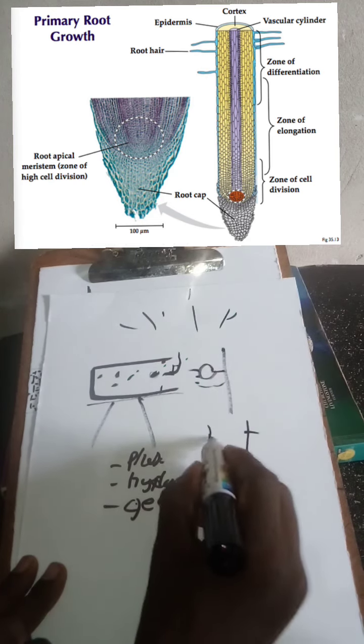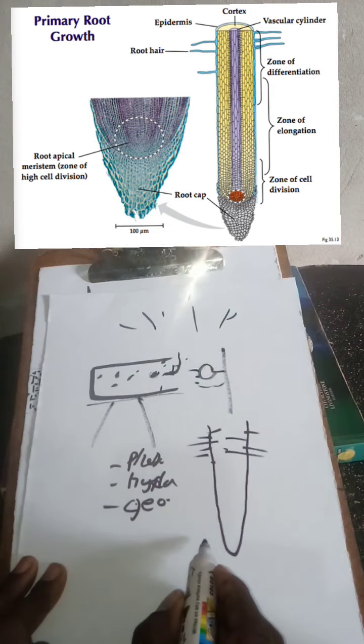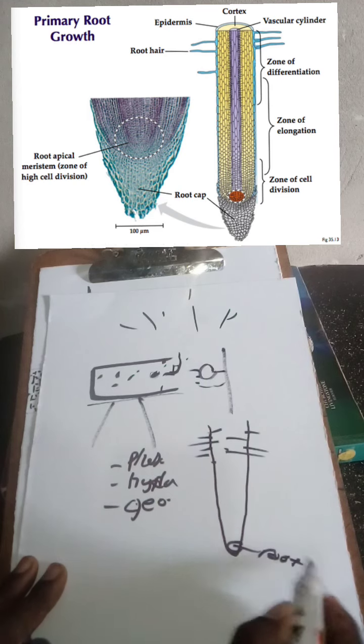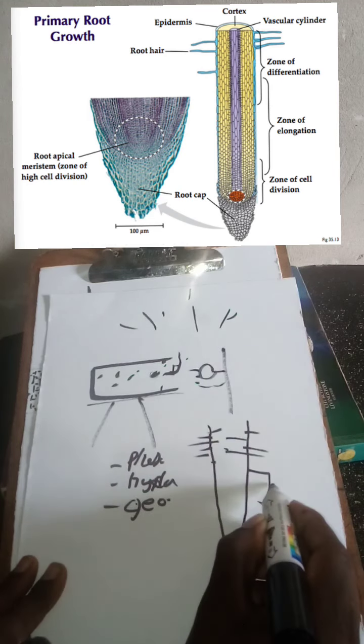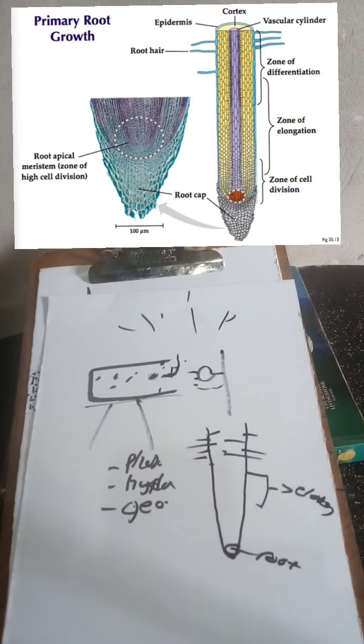Here we have root hairs. Let's say this is the root cap. Then in the middle here, my area of most attention is the zone of elongation. As the root develops, the first root to develop is called the radicle.